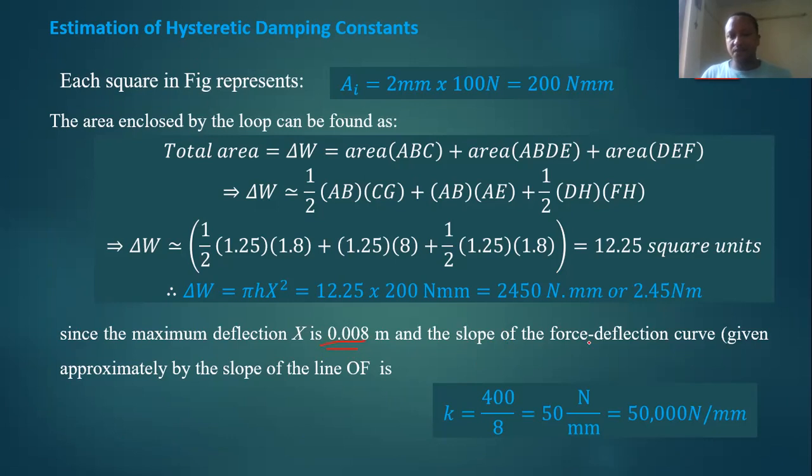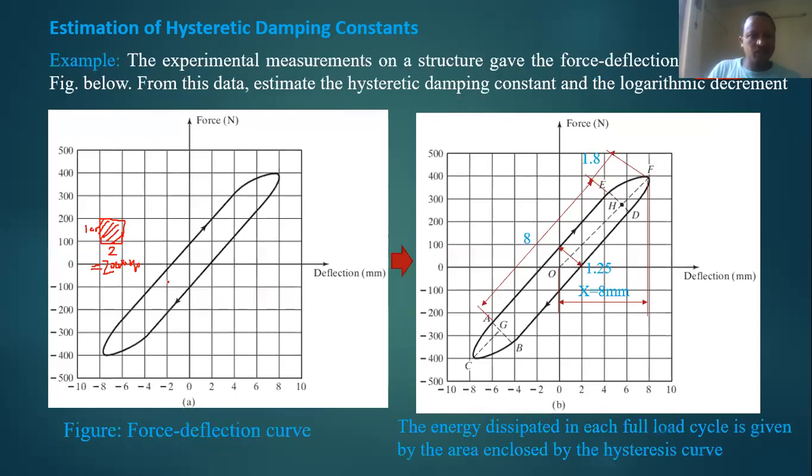And the slope of the force deflection curve is k equal to 400 over 8. How can we get it? Force from here to here is 400.